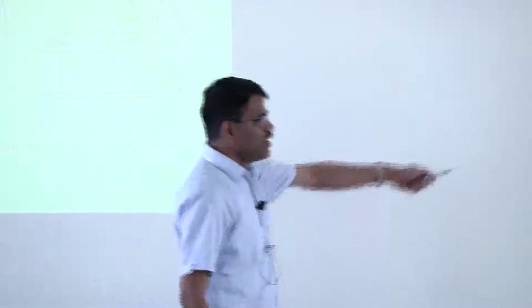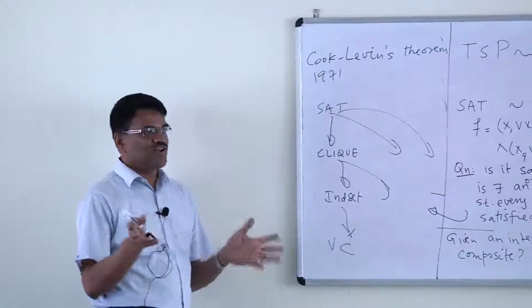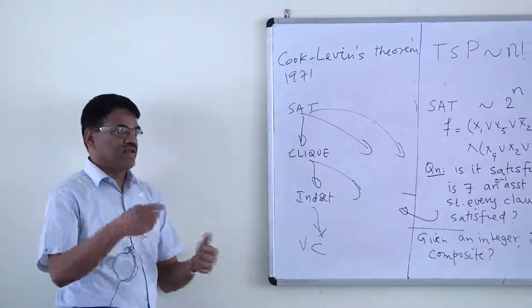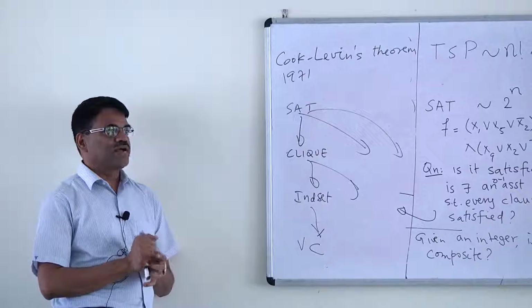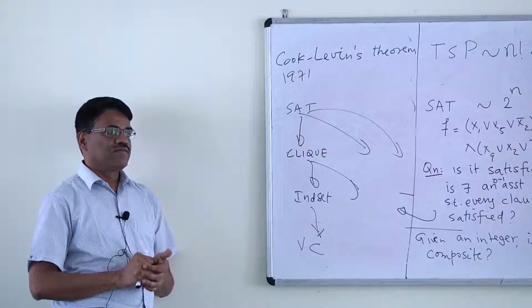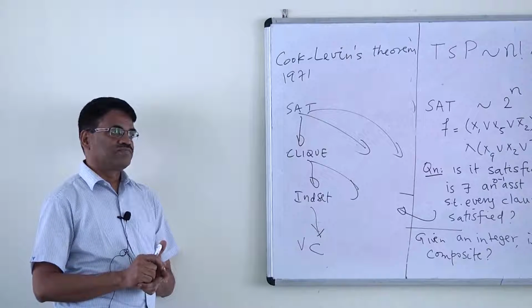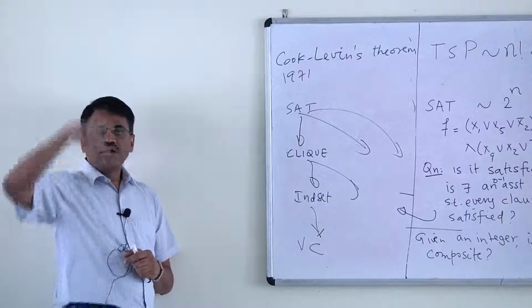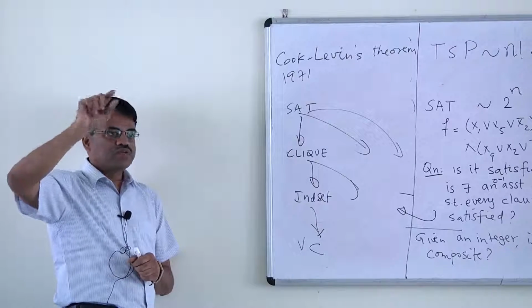I want to solve the clique problem, but I am told that the graph is not a general graph, but it's actually a tree. I want to find the maximum clique in a tree. How much can it be? Remember what is a clique? It's a subset of vertices where every pair is mutually adjacent.